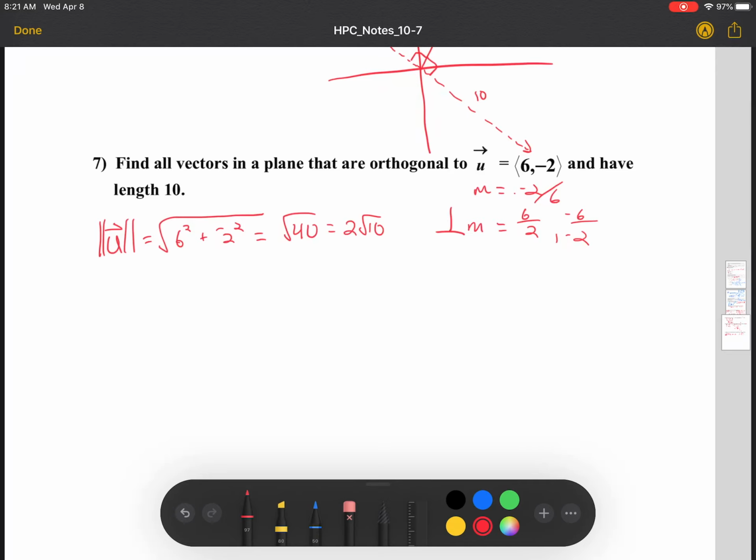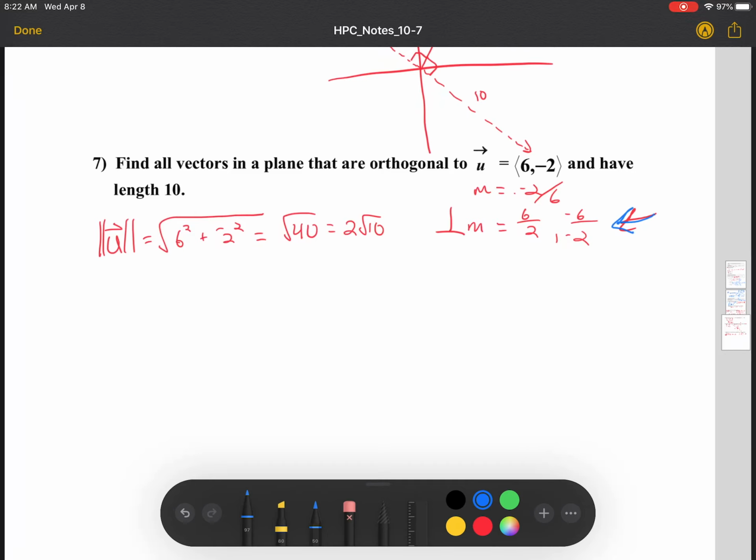Okay. So from here, now we have our new vector, right? We have our 2, 6 vector. And really, since we know that it's just adding negatives to it, we're only going to do it to one, right?